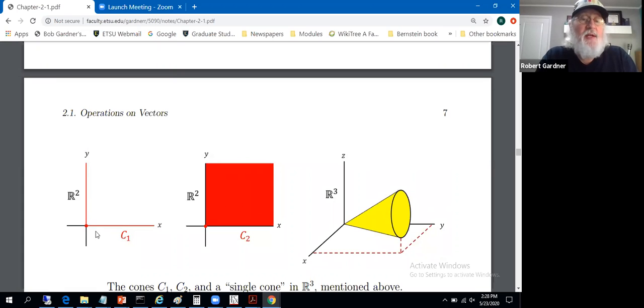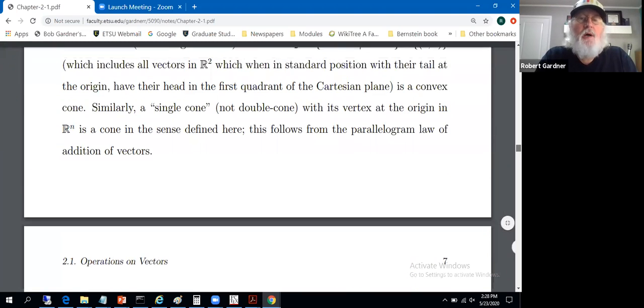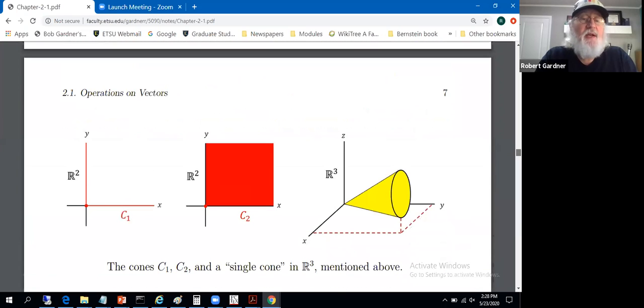Sure enough, if I take any one of the vectors in this C sub 1 set and multiply it by a positive scalar, or non-negative scalar, you'll get simply a multiple of that in the same direction. So you get another vector in set C sub 1. It is indeed a cone. Not a convex cone.